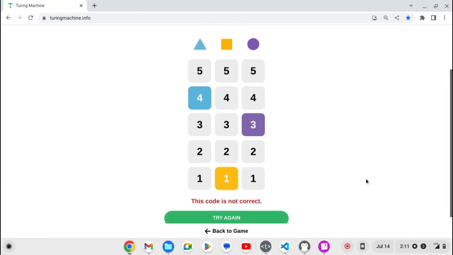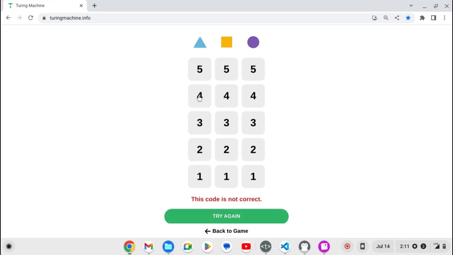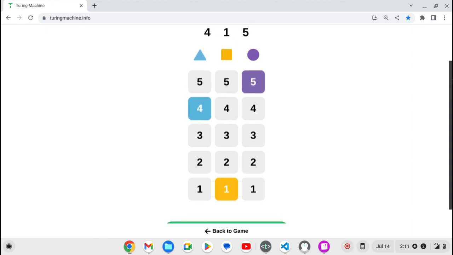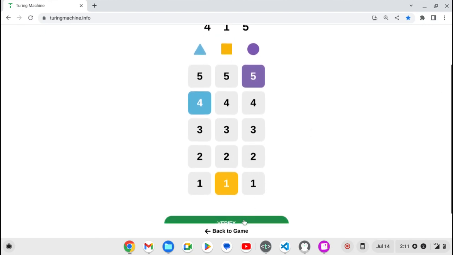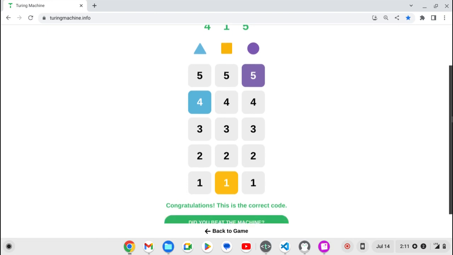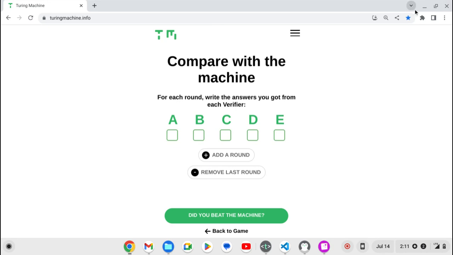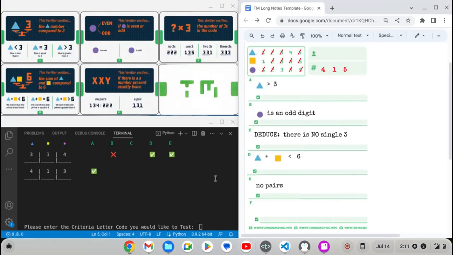Now I'm not sure how I'm going to categorize this as far as the Turing machine goes. There we go. We got the correct answer now, 415. So technically, if you go back, at that point I would have definitely tested criteria card C, but the way the game rules play, I've actually lost because I got the wrong answer.